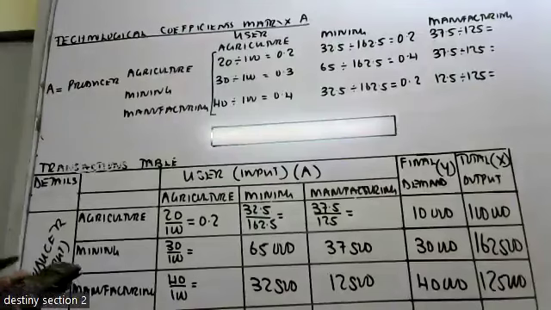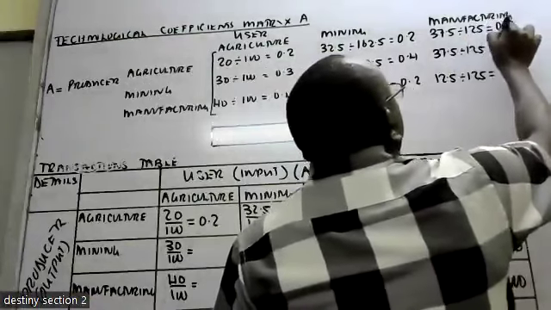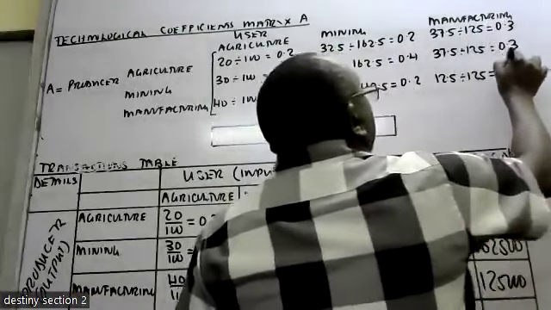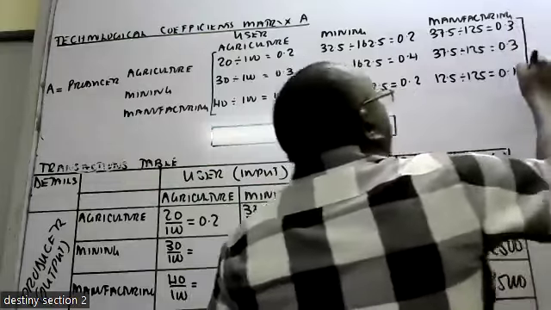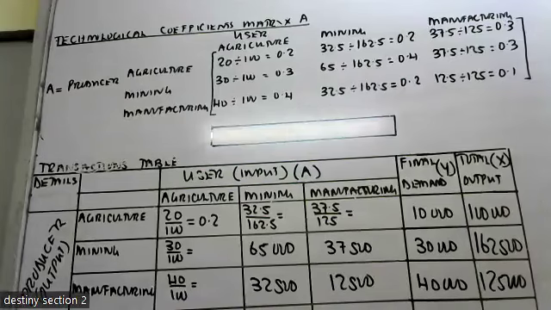So 37.5 divided by 125 is 0.3, 0.3, 0.1. That is how you create the technological coefficients matrix.